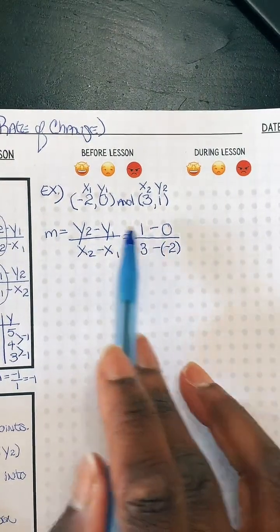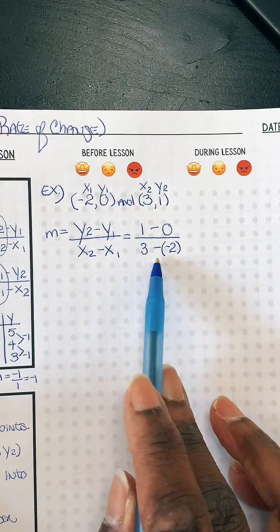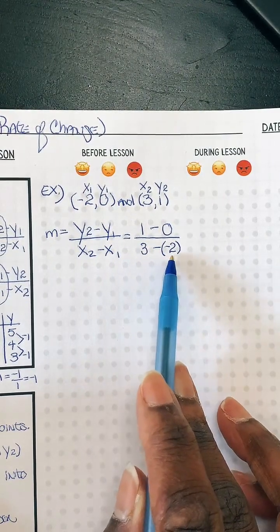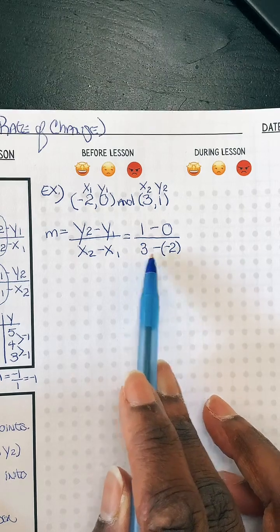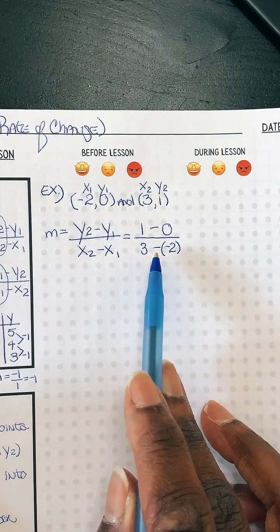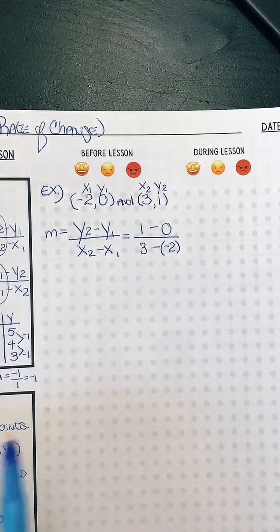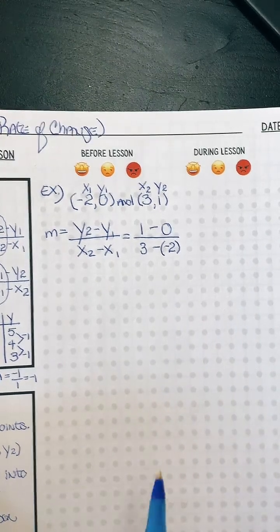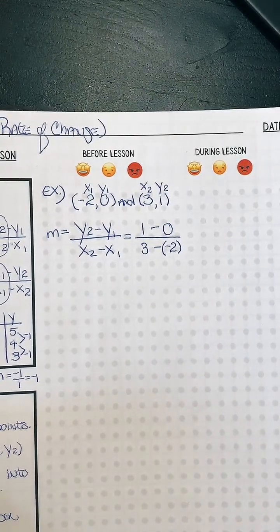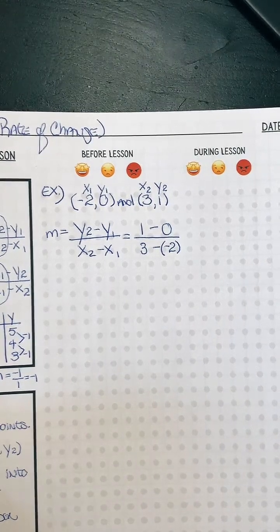So every time I substitute a negative, I like to put a parenthesis around it because if you notice, down here in the denominator, I have 3 minus a -2, not 3 minus 2. Everybody gets that screwed up. Every single solitary person. I've also seen people with their programs, once in a while, mess that up.